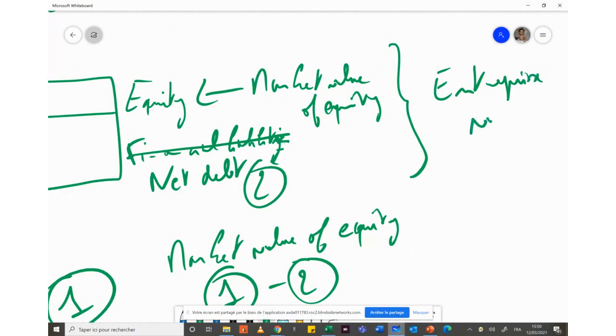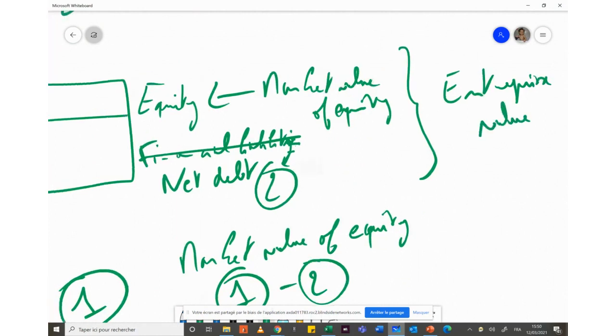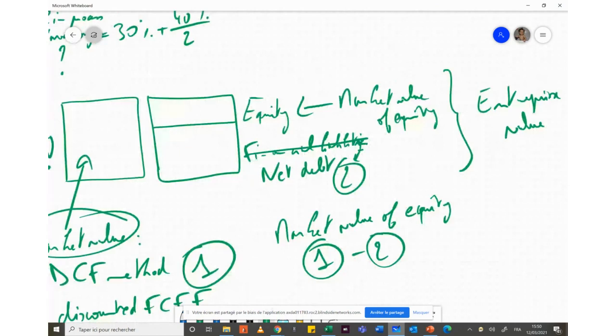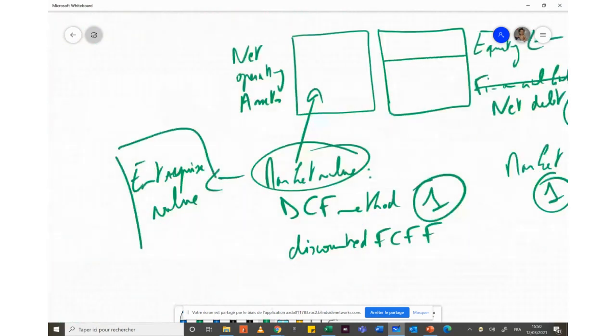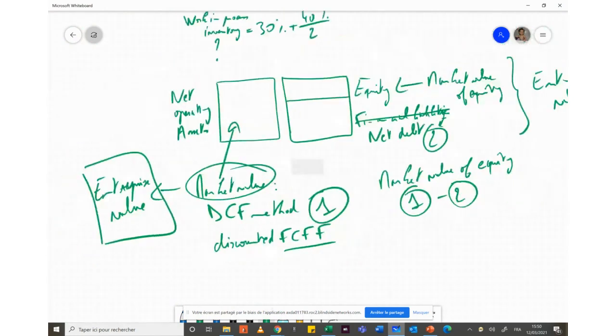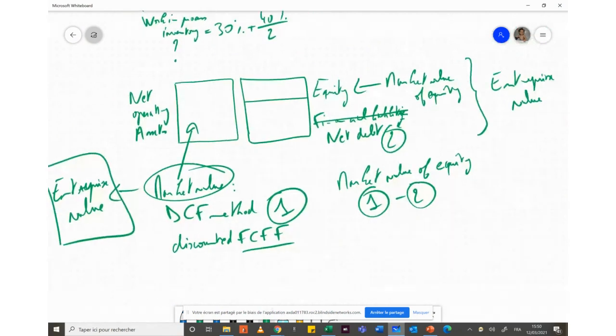So you can find the enterprise value from the financial market: you take the market capitalization, you check in the balance sheet the net debt, you have the enterprise value. Or you can calculate what should be normally, according to the fundamentals of the company, the enterprise value. In this case, you use the discounted free cash flow to firm. So two ways to have the enterprise value: from the real value from the market or from what could be expected according to the fundamentals of the company.